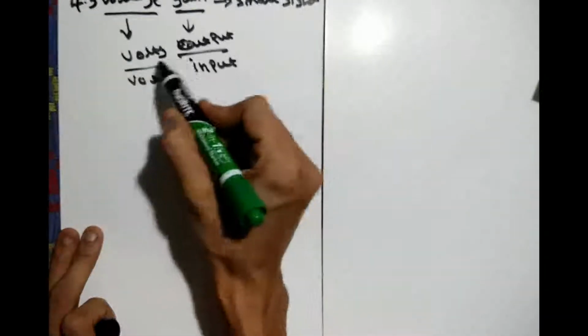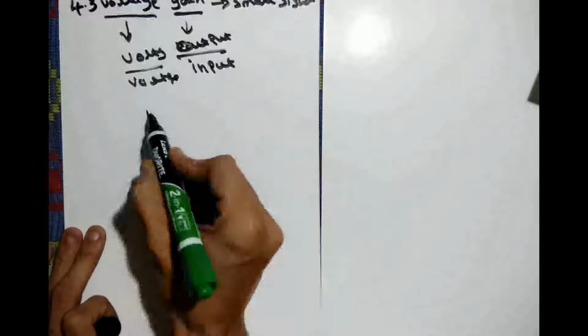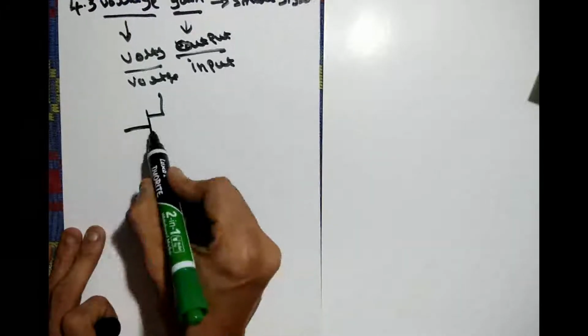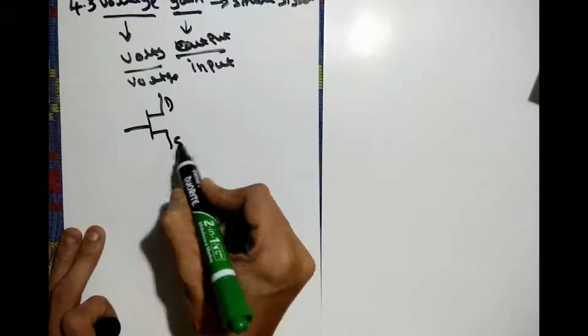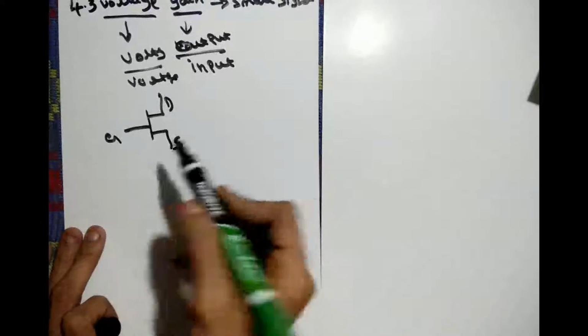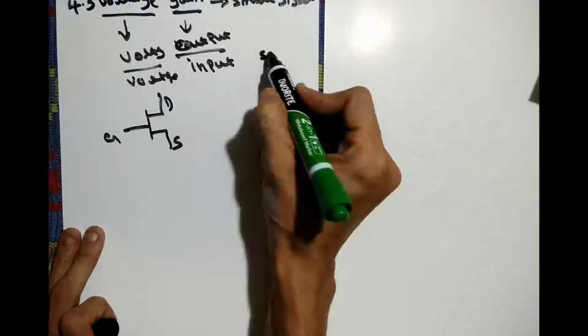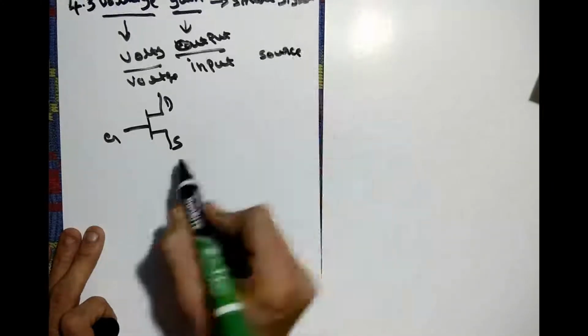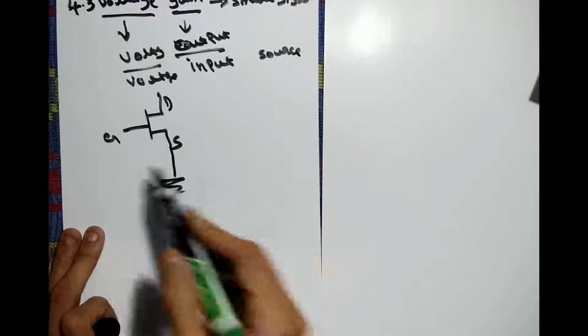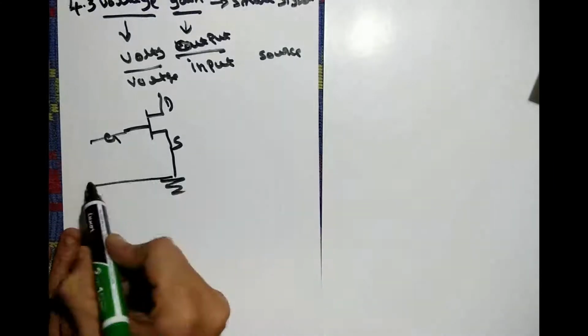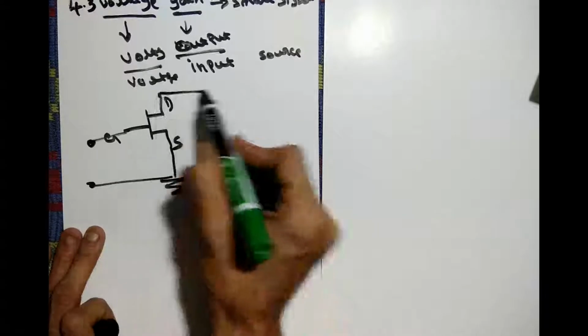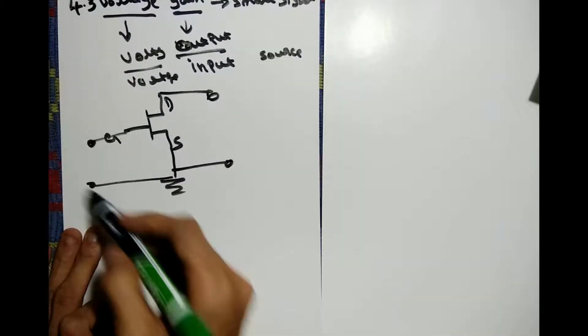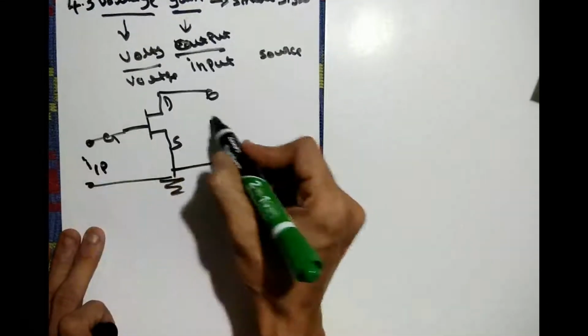So what is the output voltage here? If you take a MOSFET, this is your drain, this is your source, and this is your gate. Usually here we use the common source configuration, that is, the source is common, so the source is grounded here. We take input at the gate and source portion, and output from the drain and source portion. This is your input, this is your output.